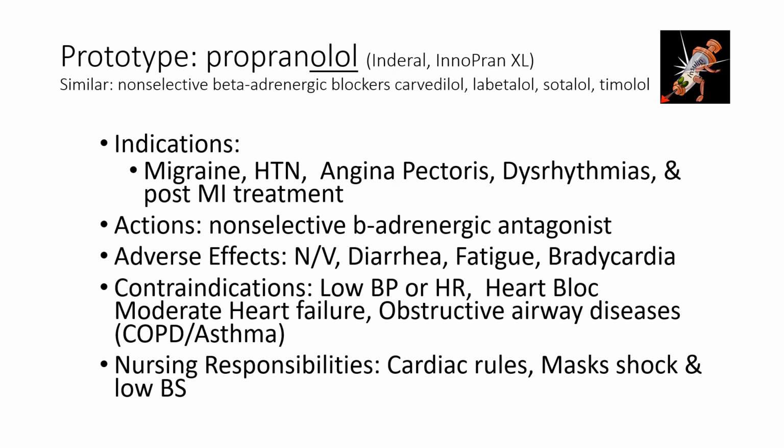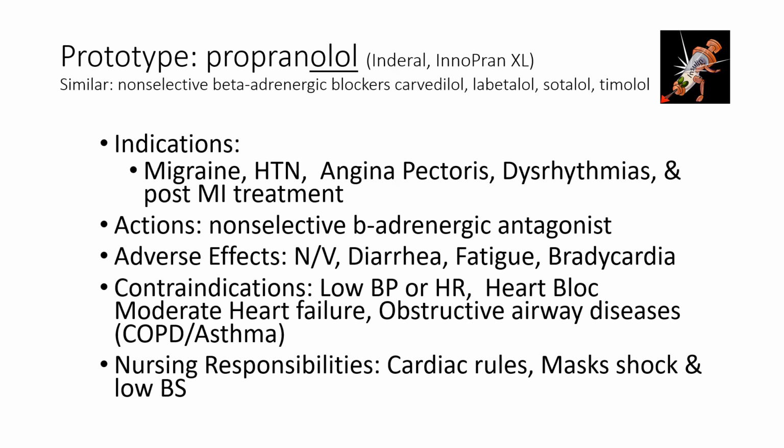And also, over the years it got an indication for migraine headaches because we noticed people that were taking this that had a history of migraine headaches had improved symptoms and less migraine attacks. So propranolol is used on a daily basis to prevent migraine headaches, not to treat them acutely, but to prevent them. So the action we already mentioned.